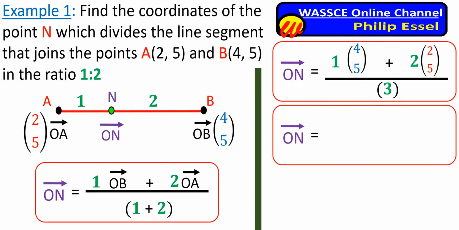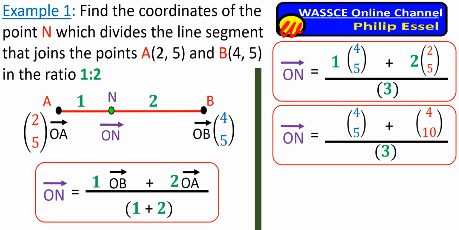Our position vector ON will now be equal to the vector (4, 5) plus the vector (4, 10) divided by 3. Remember, we got the vector (4, 5) by multiplying 1 by the vector (4, 5), and we got the same thing. And we got the vector (4, 10) by multiplying the scalar 2 by the vector (2, 5). So that's how we got that.